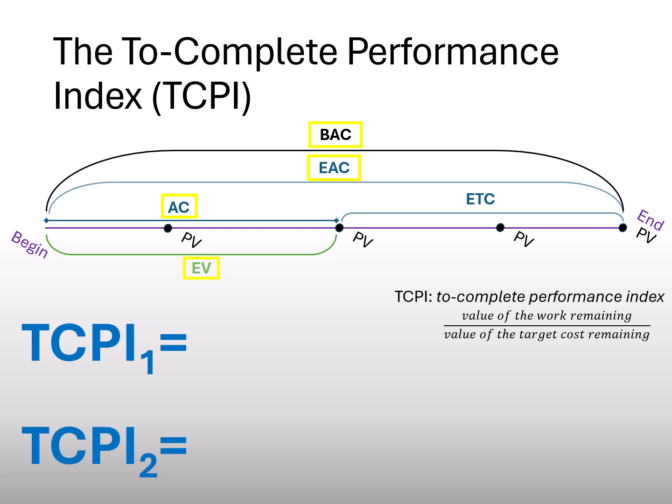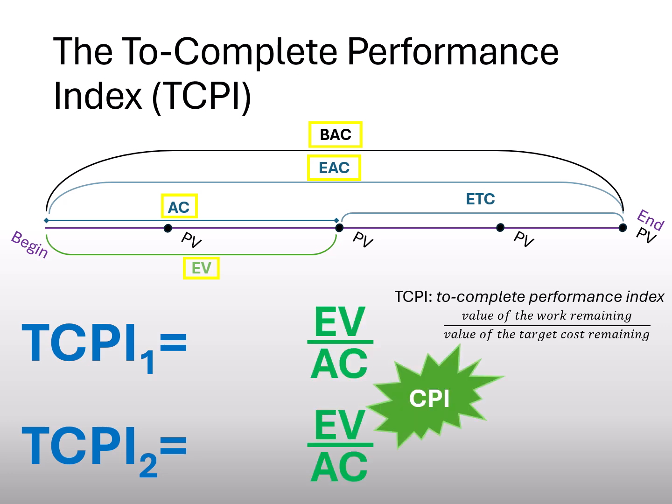To remember the formula, we could first recall the CPI calculation, copying it, EV divided by AC. Now, let's complete the formula in terms of the remaining work. The numerator will be updated based on this concept and the chart we have there.